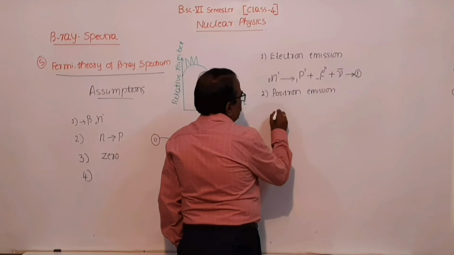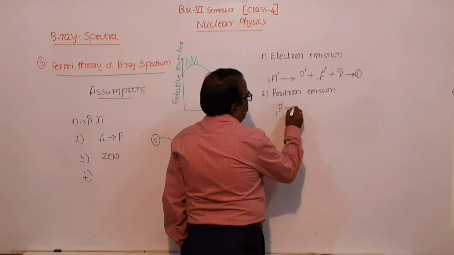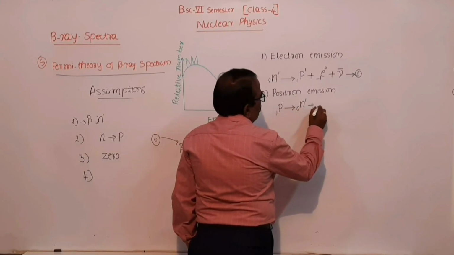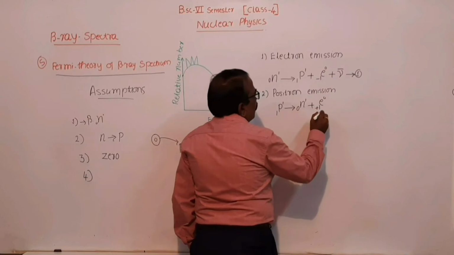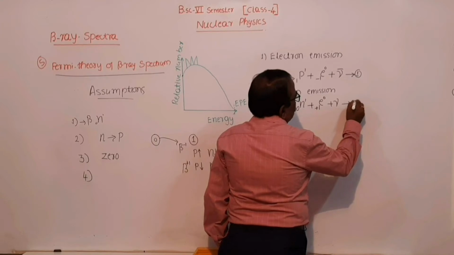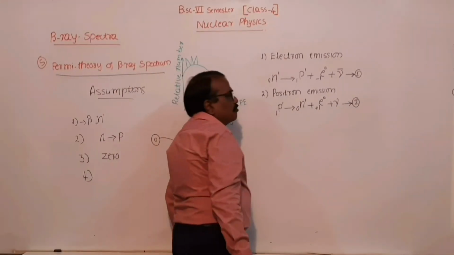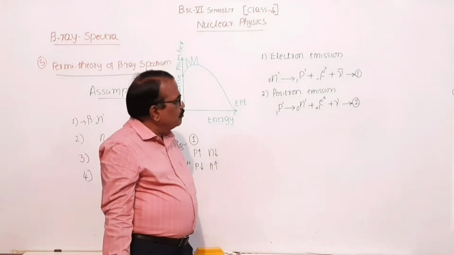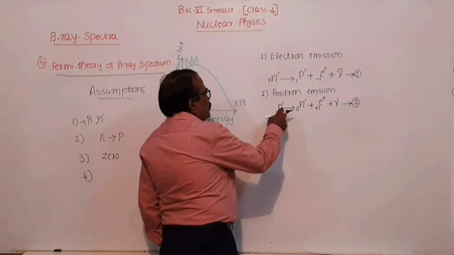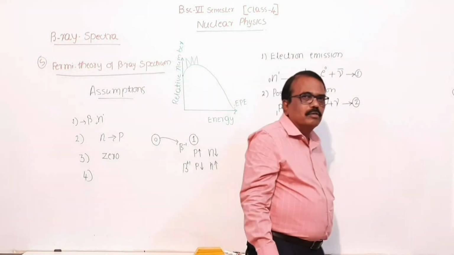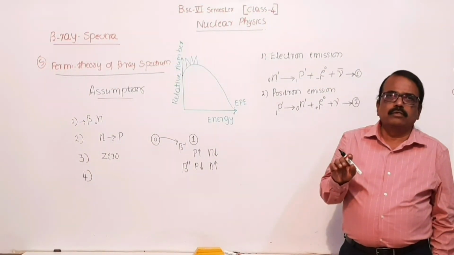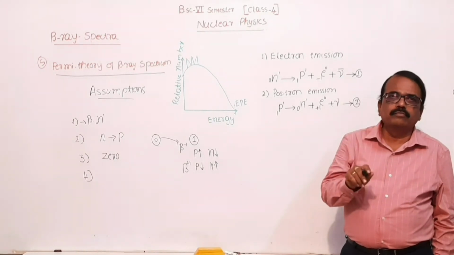Means proton gets converted into neutron, emitting positron and neutrino. Call this equation 2. One more phenomenon is there. Before that, when a proton is converted into neutron, the charge on the parent nucleus is decreased by 1.